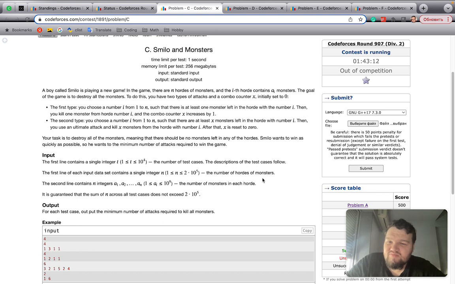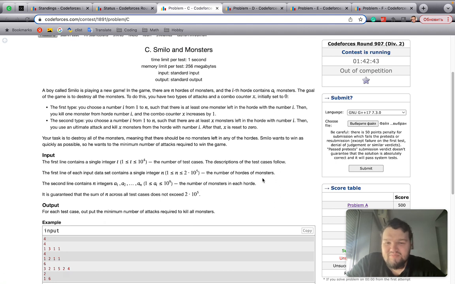So the first type of attack: choose a number i from 1 to n, basically just a monster, so that there is at least one monster left in horde i. Then you kill one monster, and the combo counter increases by 1. So you can do minus one to an element that is strictly positive, and the combo counter increases by 1.